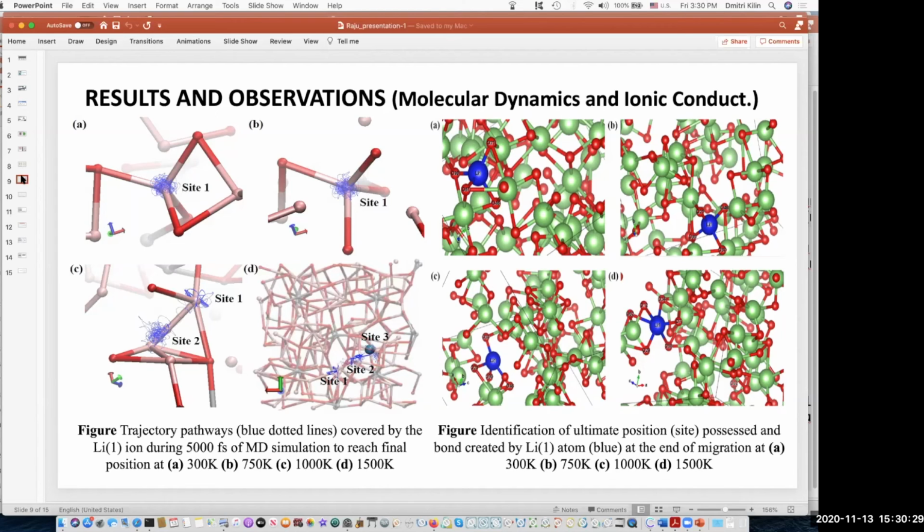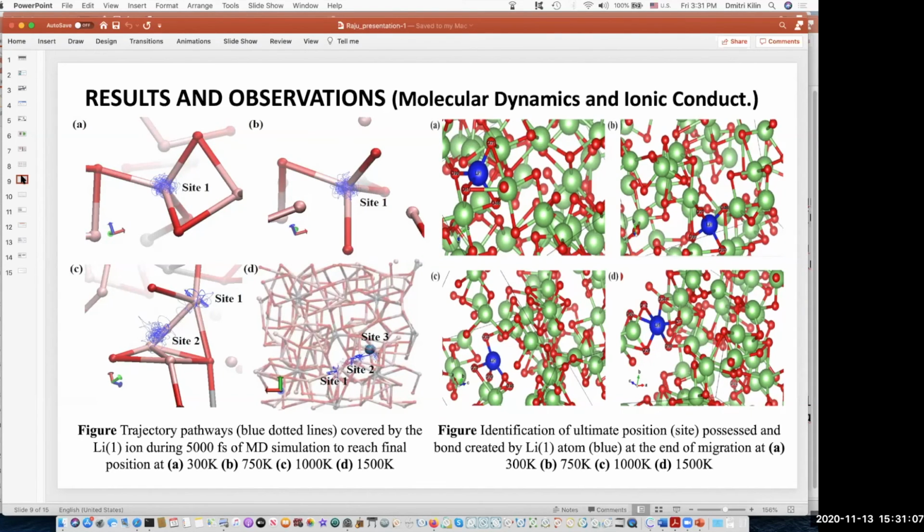Still, it is in a tetragonal site. But when we increase the temperature further to 1500 Kelvin, the ultimate position it reaches is an octahedral site, because you can see there are six atoms connected. Actually, there are eight, but because of the picture you cannot see the other two. So it occupies the octahedral site at the end of the 1500 Kelvin simulation.